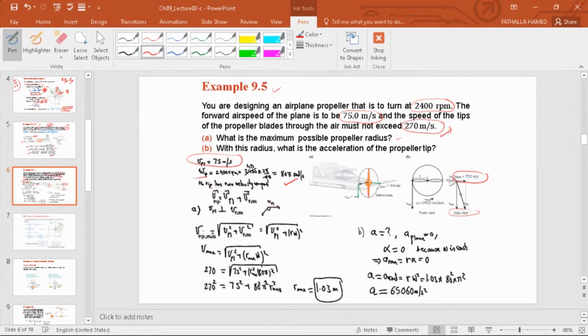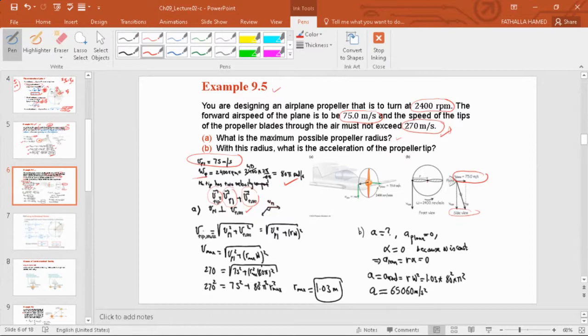So the velocity at the tip, and we take it as a vector here, it has the velocity of the plane going forward plus the velocity of the tangential at the tip, and note that we're taking these as vectors here because they are perpendicular to each other. As we say here, the V of the plane is perpendicular to the tangential.